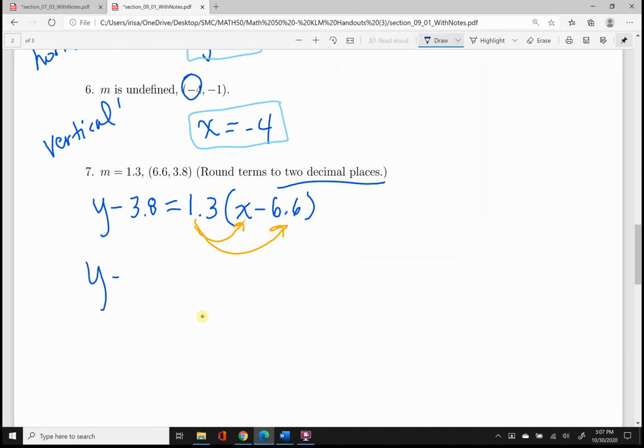So that'll be y minus 3.8 equals 1.3x, and then what's 1.3 times 6.6? 1.3 times 6.6 equals 8.58. So, and it's minus 8.58. 2 decimal places at once. Okay, cool. So let's go ahead and add 3.8 to both sides.